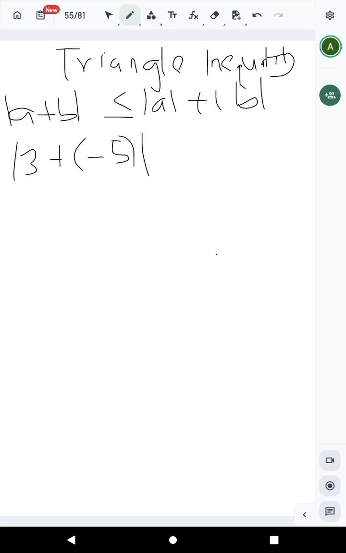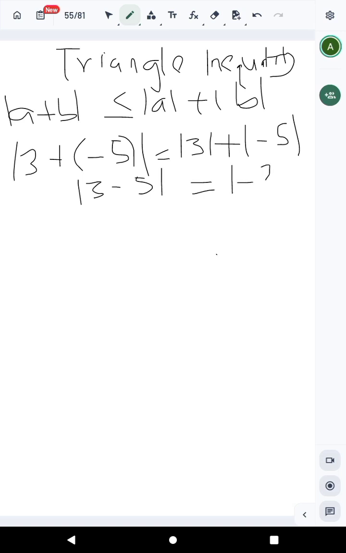So it's going to be equal to absolute value of 3 plus absolute value of minus 5. So here we have absolute value of 3 minus 5, which is absolute value of minus 2, which is 2.